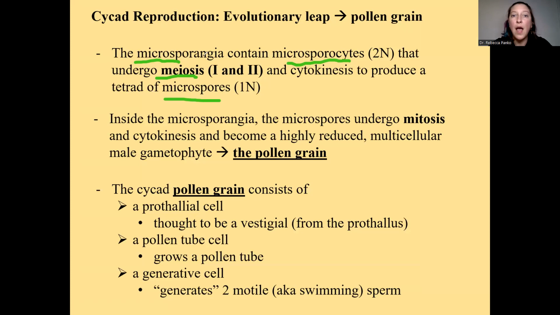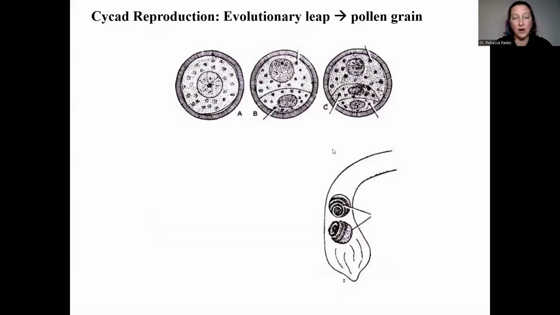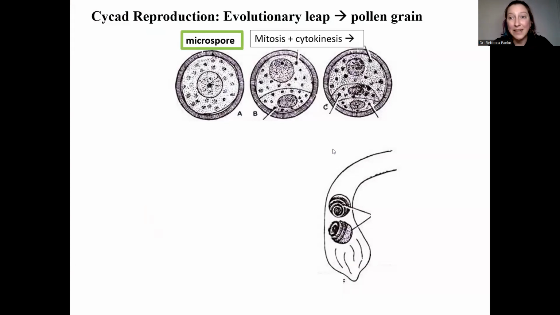So on this slide, here's one single-cell microspore. It's going to undergo mitosis. This is what I just said in words on the previous slide, but I'm showing it to you in pictures. The microspore is going to undergo mitosis and cytokinesis.